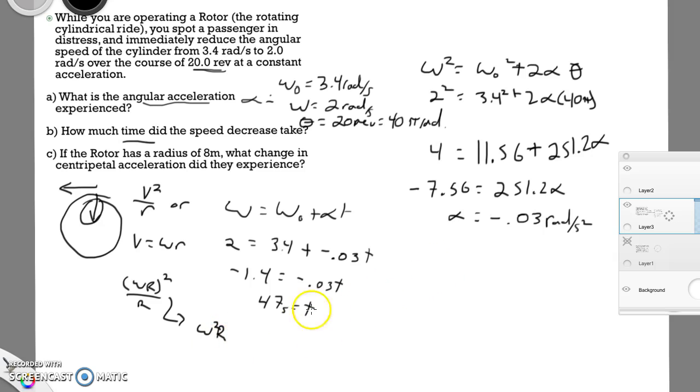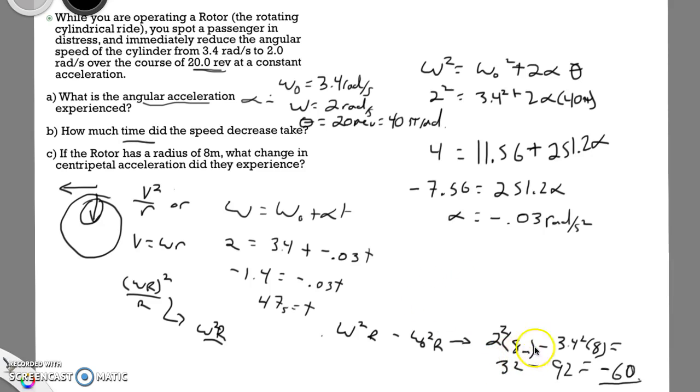Okay, so we're going to find the change in omega squared r. So that would be omega squared r minus omega initial squared r. And so we get 2 squared times our radius of 8 meters minus 3.4 squared times 8.